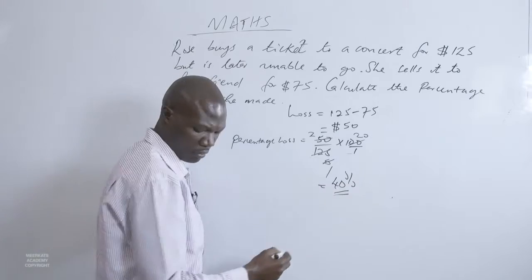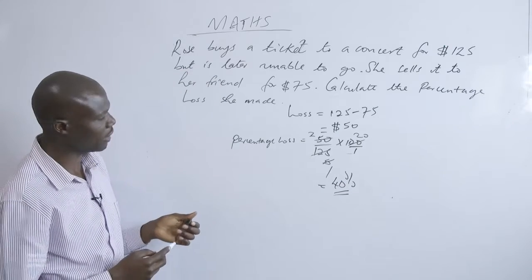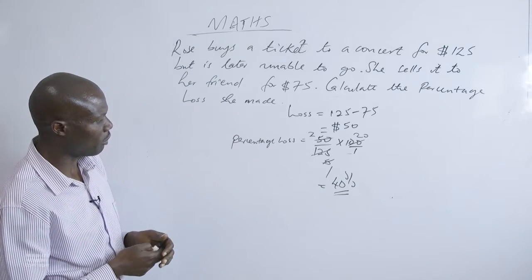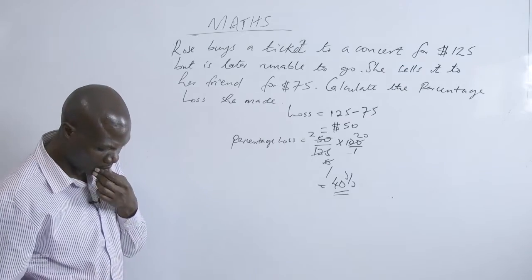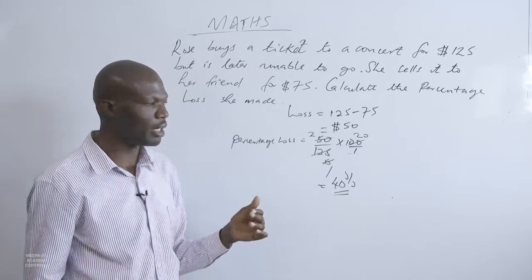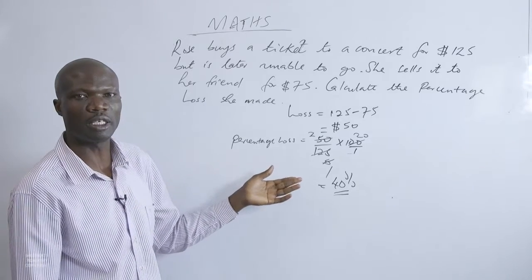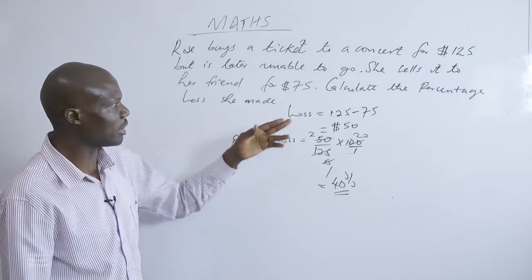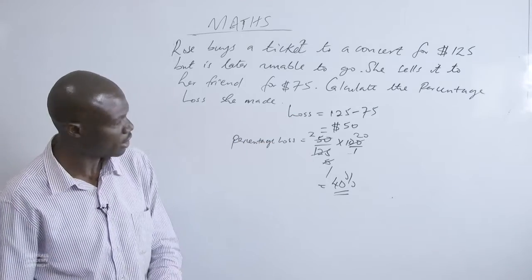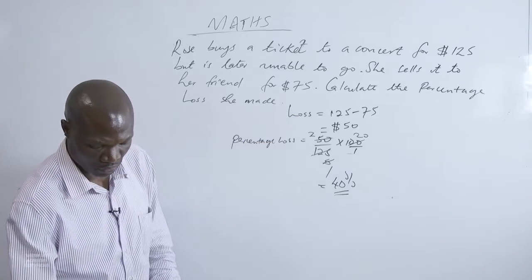So we are talking of a percentage loss of 40%. Therefore, Rose made a percentage loss of 40% by selling her ticket at $75 to a friend.